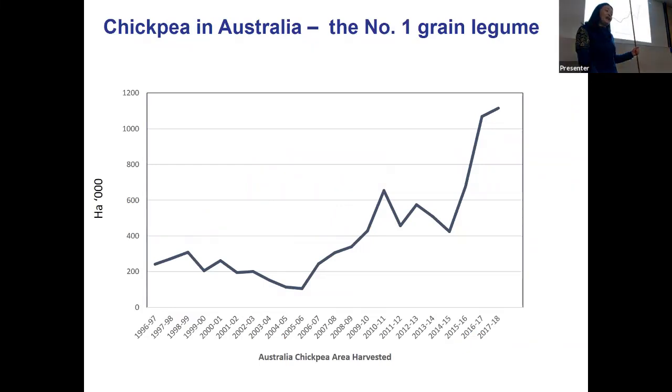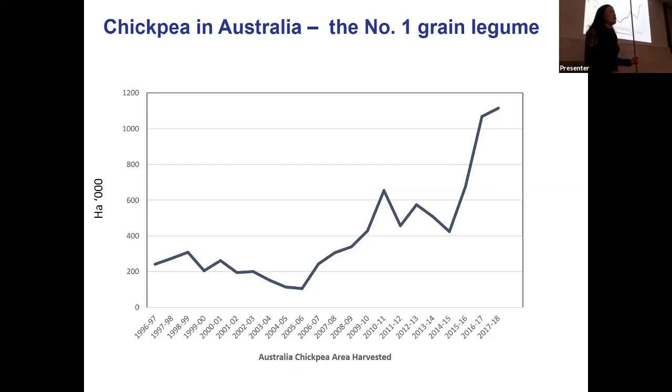Chickpea production in Australia is a relatively new industry. It started in the late 1970s. By the end of last century, it reached a reasonable area of about 300,000 hectares.